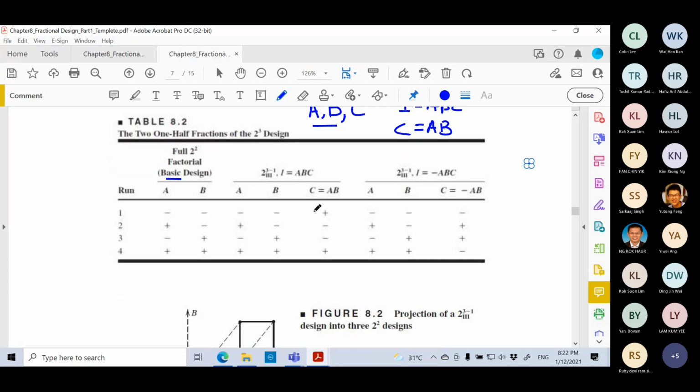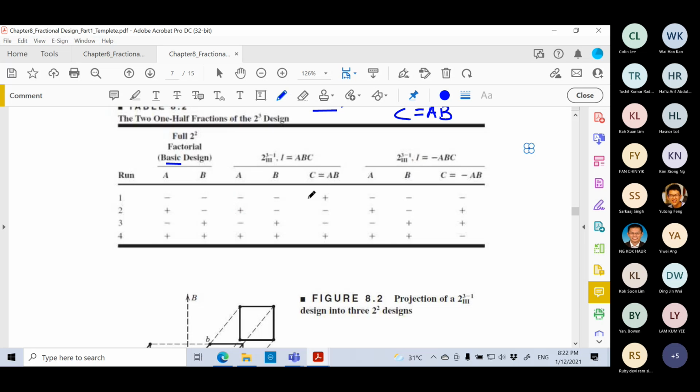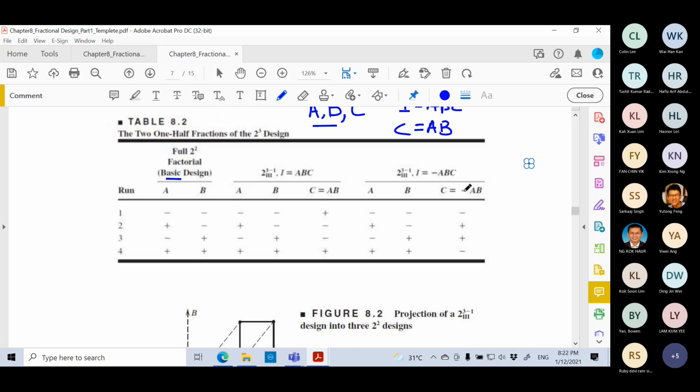Once you get this, you just multiply the A and B, and the third one, C, will come out. So you will know, under this treatment combination, which treatment combinations you are going to run. If you want to run the negative side, you just have a negative value here. So here are the treatment combinations you are going to run under this first part.